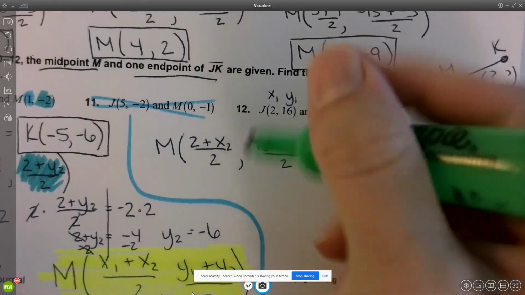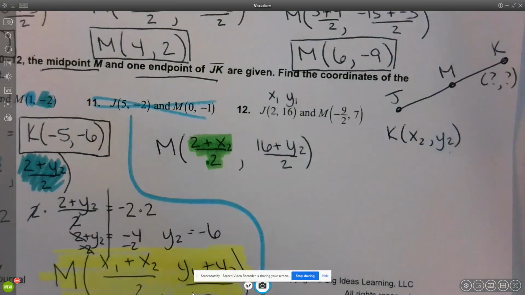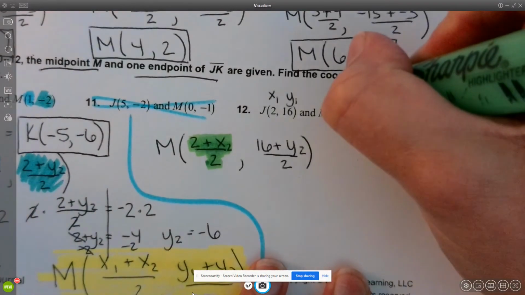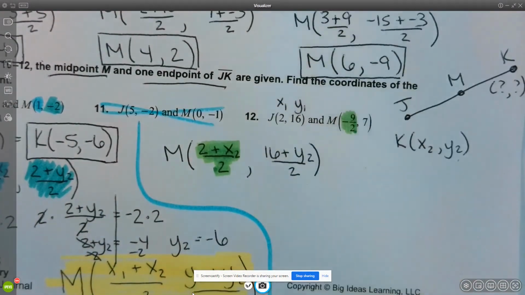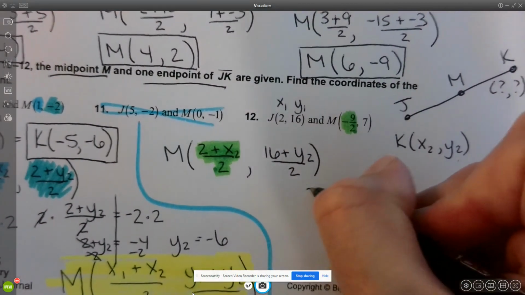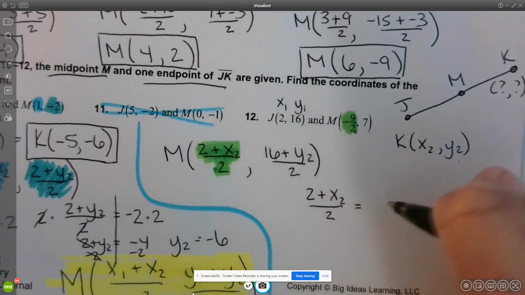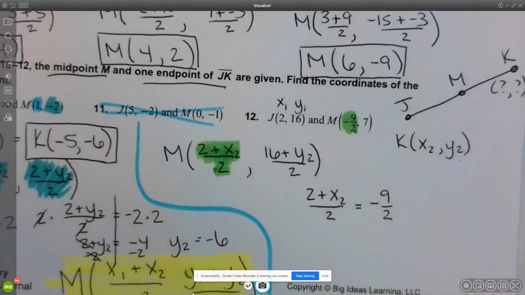Whatever 2 plus x2 divided by 2 is, it has to be equal to -9/2, because that is the x-coordinate of the midpoint. So 2 plus x2 divided by 2 has to be equal to -9/2.